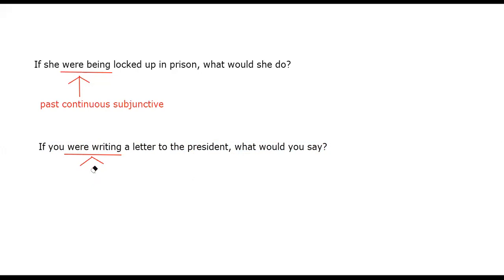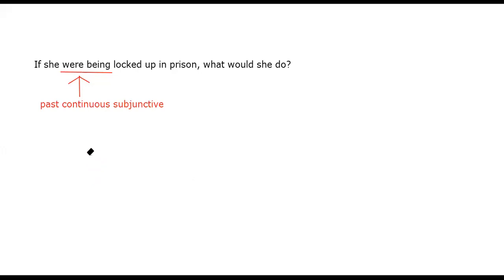Now for the past perfect, actually, let me just show you an example with just the past simple subjunctive. So the past simple subjunctive would be, if you won $1 million, or how about this?